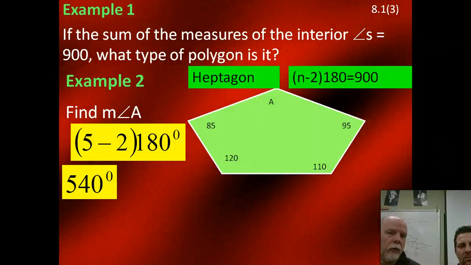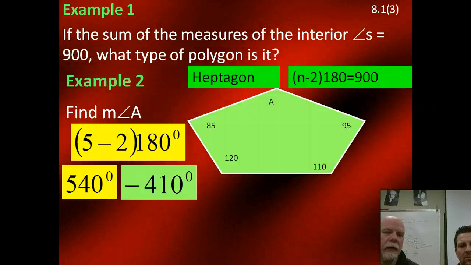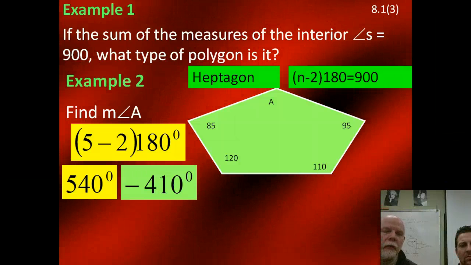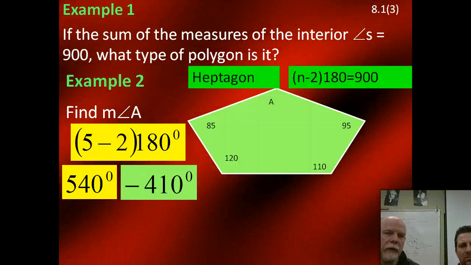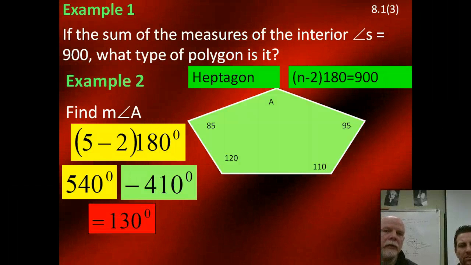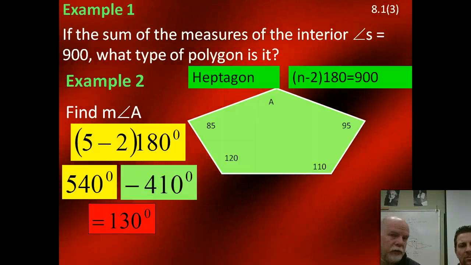We add those 4 up and subtract from 540. 110 and 120 makes 230, plus the 85 and 95, adds up to 410 degrees. Taking 410 from 540 gives us 130 left over for that angle A. So the questions could be like that.